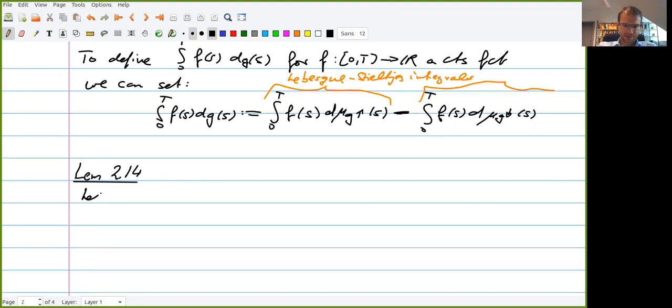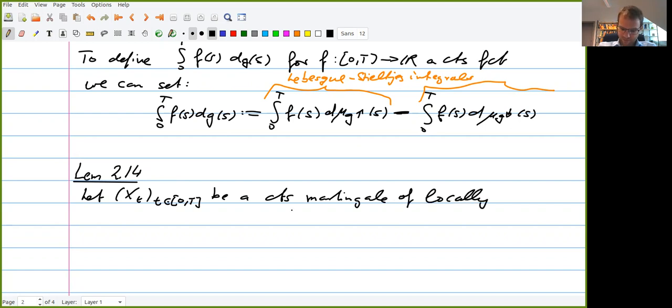So let x be a continuous martingale of locally finite variation.